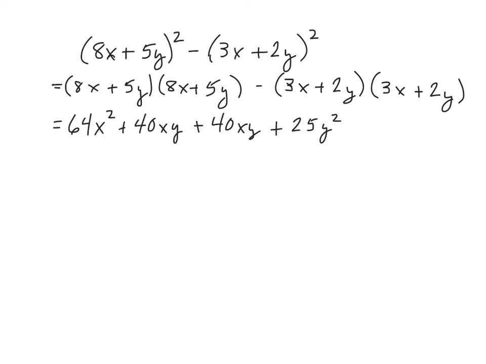Now I'm going to come down to the next line, and I'm going to put my minus sign and then multiply (3x + 2y) times (3x + 2y). So that will be 9x squared plus 6xy plus another 6xy plus 4y squared.